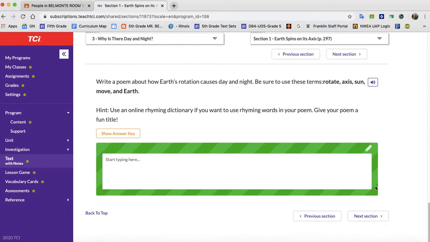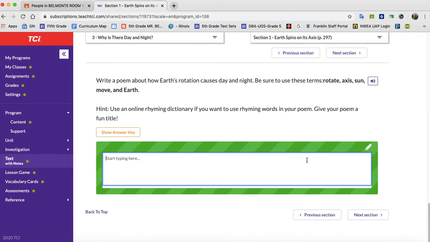If you scroll down here, it says, write a poem about how Earth rotation causes day and night. Be sure to use this term. Now, this is what I'm going to say. You guys don't have to write a poem, but what I would like you to do is write a summary of how the Earth's rotation causes day and night using these terms. So again, I want you to type here, and I want you to go on your Chromebook if you don't have it open, and type in your answer right there.